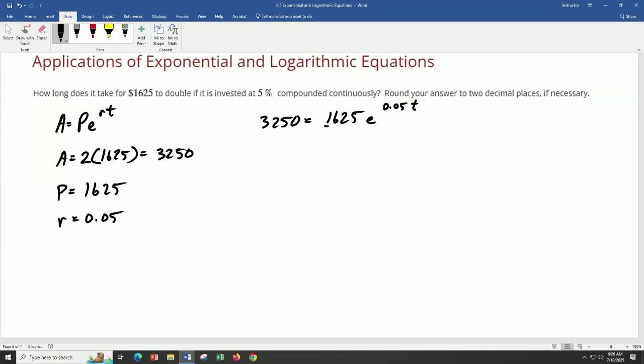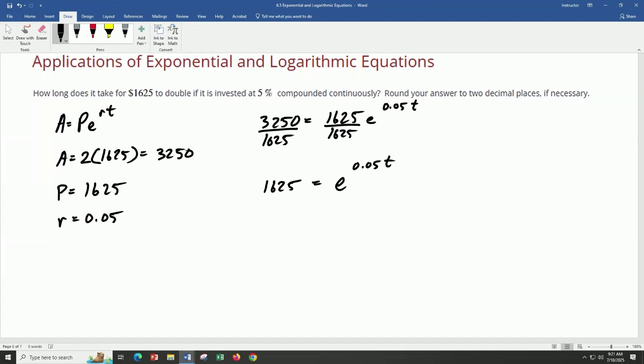Which is going to be what? 1625. 3250 divided by 1625 is going to get you 2, because you only doubled it. So you get 2 is equal to e to the 0.05t. Hey, what do you think I'm going to do now?